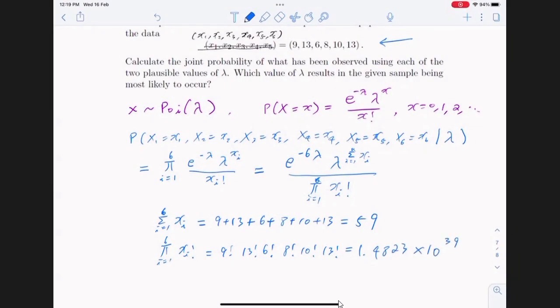So what we need to do is just substitute everything into this simplified form with lambda equal to 10 and also lambda equal to 12. We can get the 2 answers to this question.